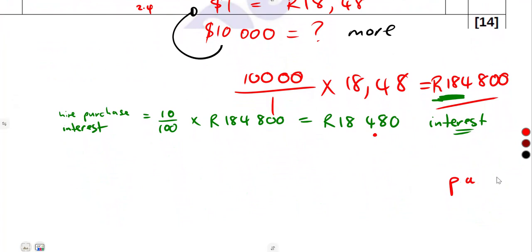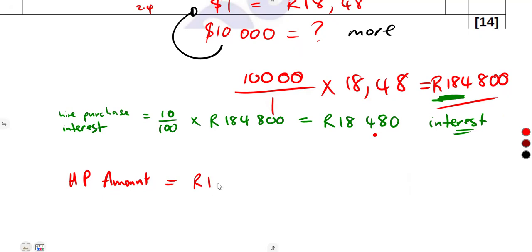It is just given as 10% interest. So you just calculate 10% of that. That is your interest. Then you add. So the hire purchase amount will be the sum of these two.